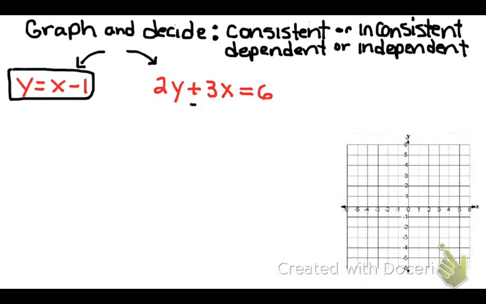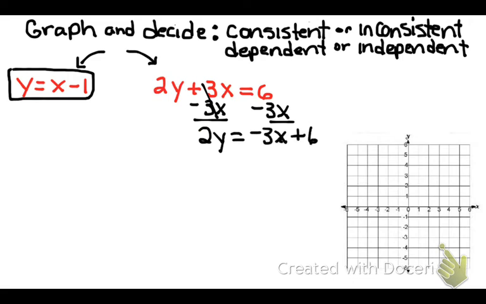So the first thing we're going to do is try to isolate the y by subtracting 3x from both sides. And then we're going to divide everything by 2. Every term is divided by 2. So y equals negative 3/2 x plus 3.